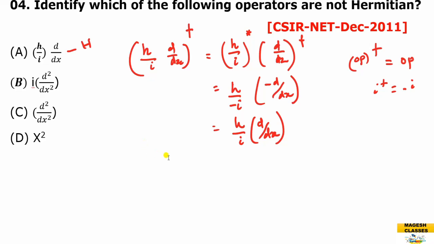Then the next one, option B, i d squared by dx squared. The dagger should be i d squared by dx squared.